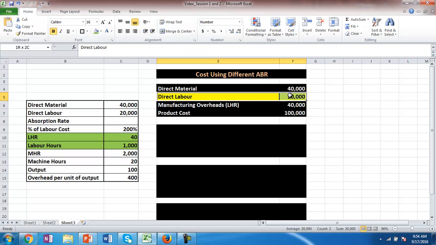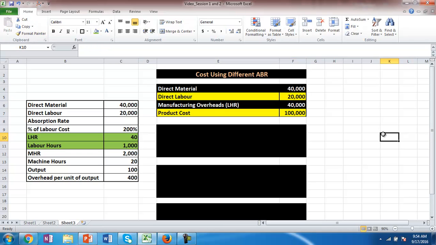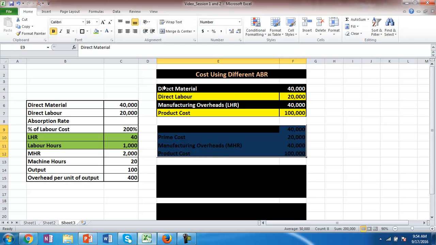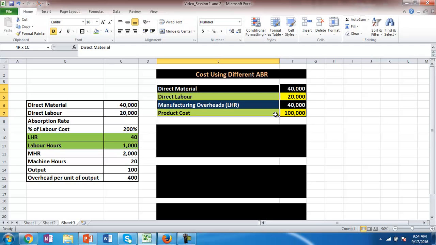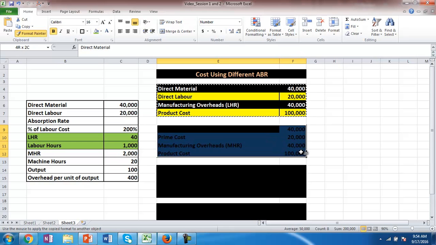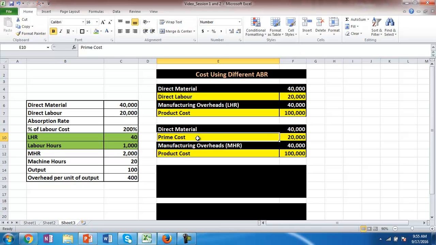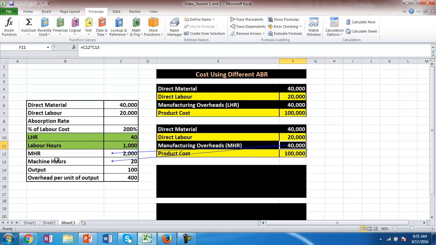In this case, the overheads have been absorbed by using the labor hour rate. Whereas it is also possible to find the manufacturing overheads by using machine hour rates, where the overheads are determined by machine hours into the machine hour rate.